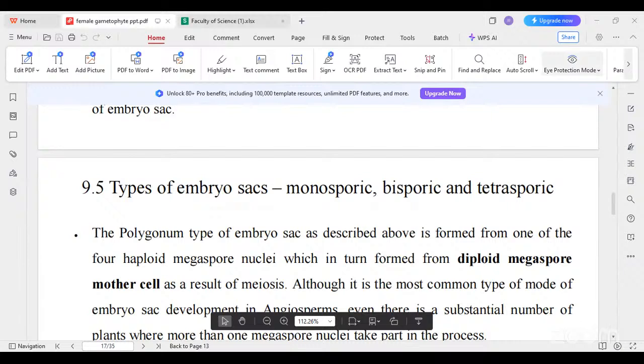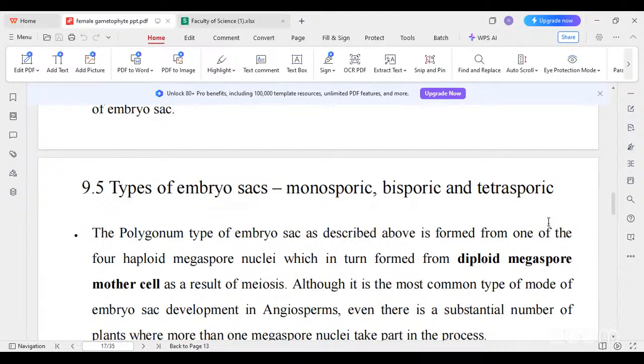The above is formed from one of the four haploid megaspore nuclei, which in turn is formed from the diploid megaspore mother cell as a result of meiosis.